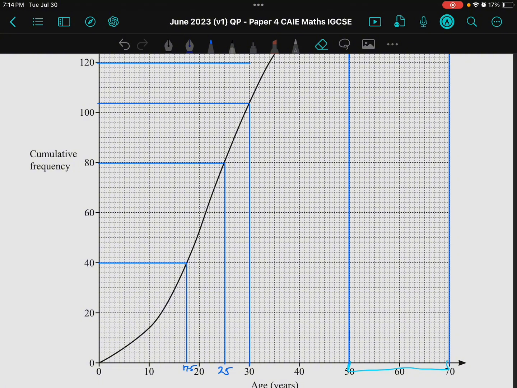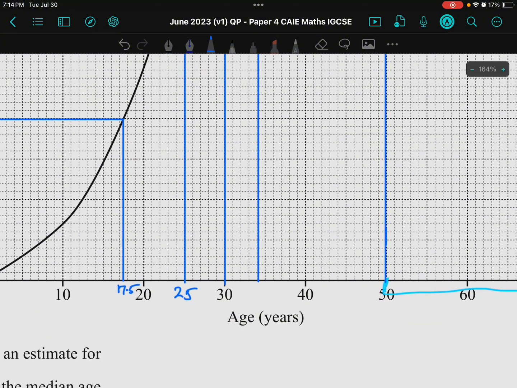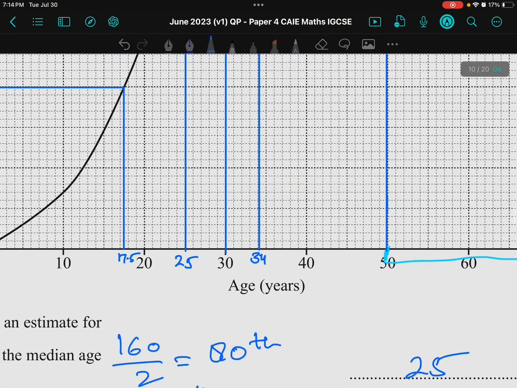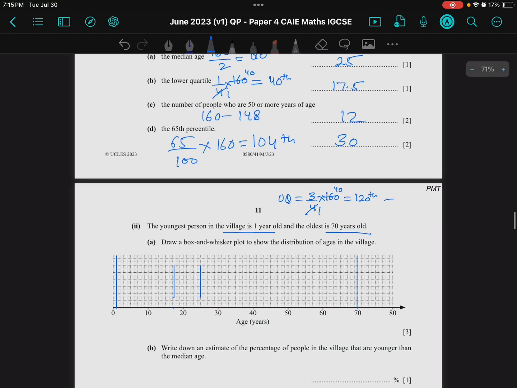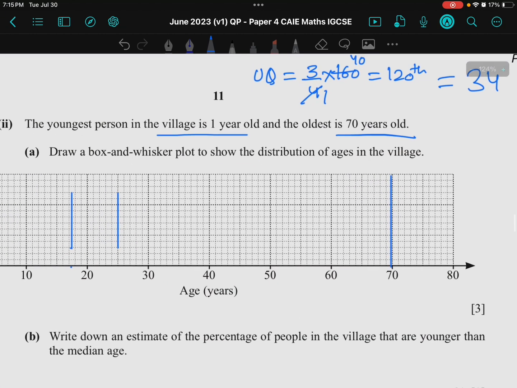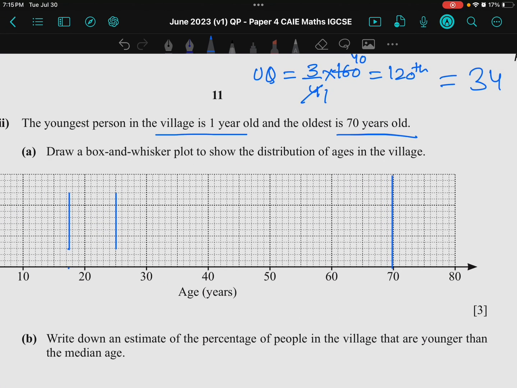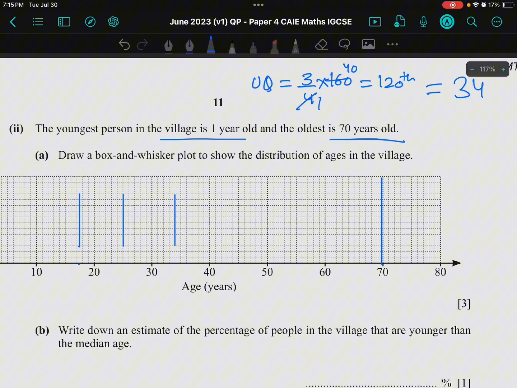Drop down the line. So this is coming as 34. The value for the upper quartile will come as 34. Mark this on 34.